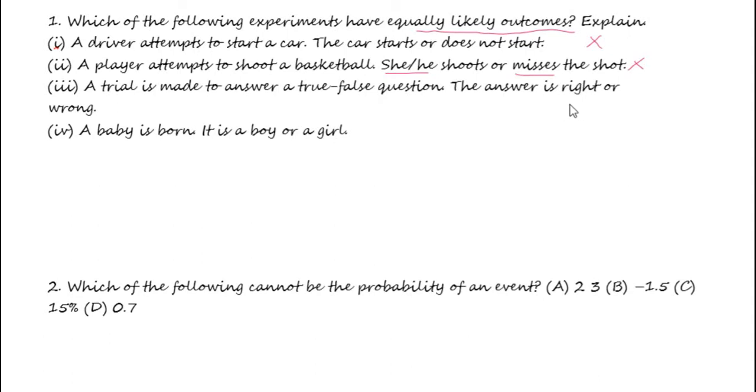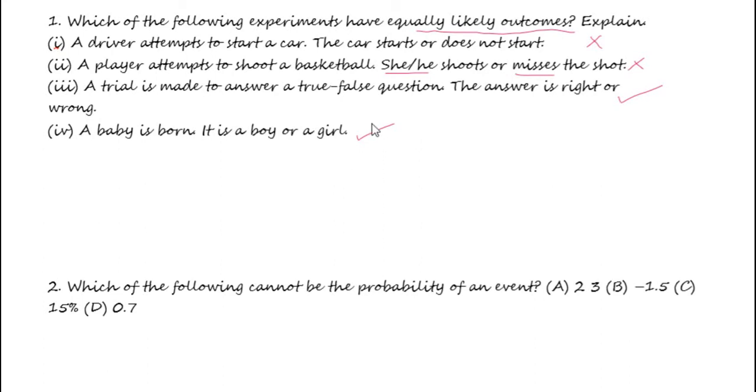The answer is right or wrong. Yes, this is correct. This has equally likely chances because there are two possibilities, either it is true or false. Fourth one, a baby is born and it is a boy or girl. This is also equally likely outcome. It has to be either a boy or a girl and both have equal chances.